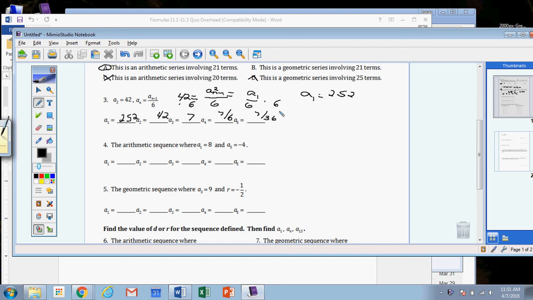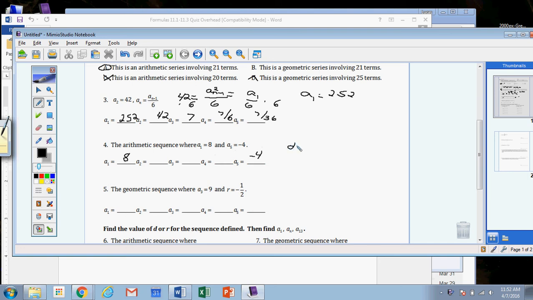All right? Number 4, the arithmetic sequence where the first term a1 equals 8 and the fifth term equals negative 4. So we know the first term, let's just write it in. We know the fifth term, negative 4, right? Well, let's fill these in.